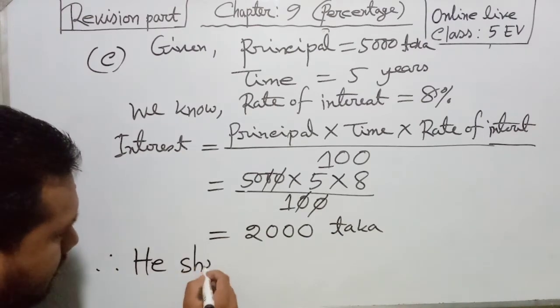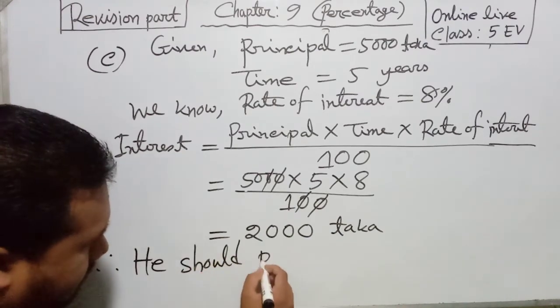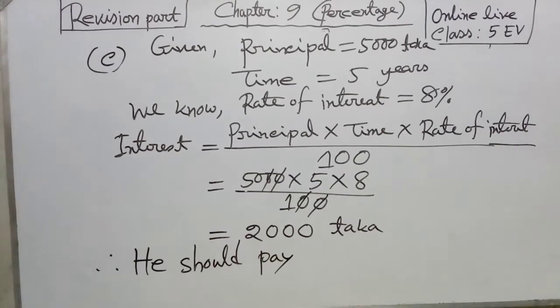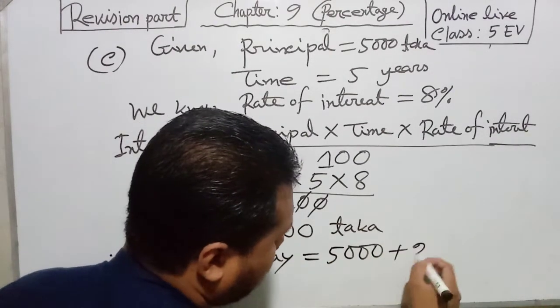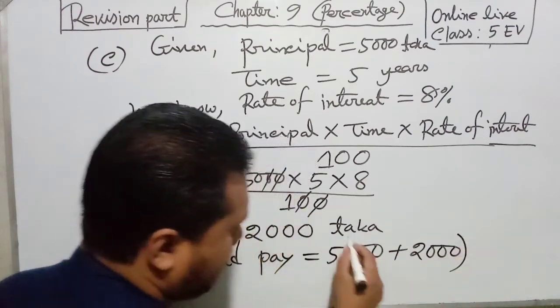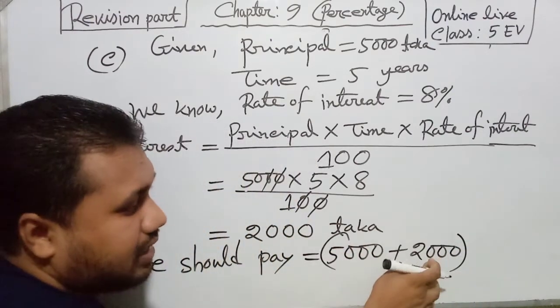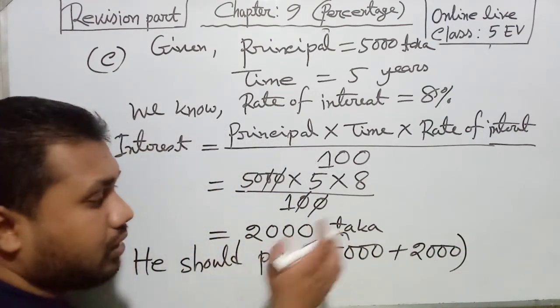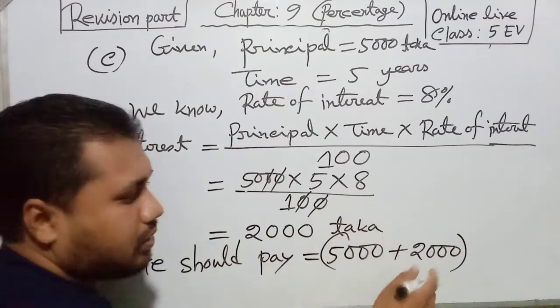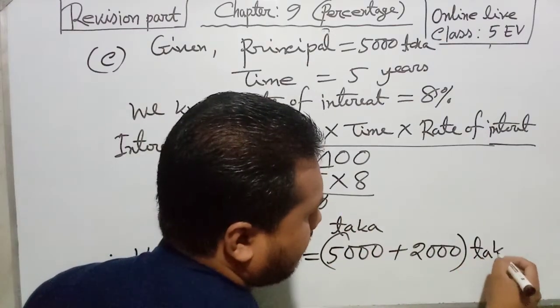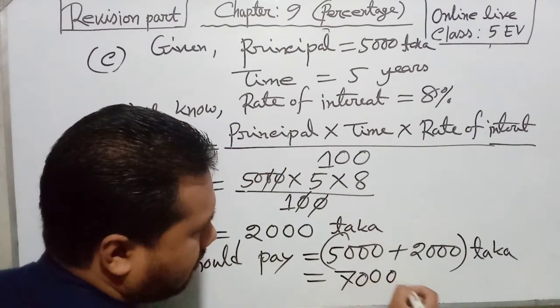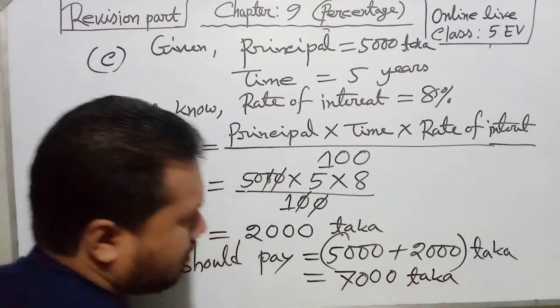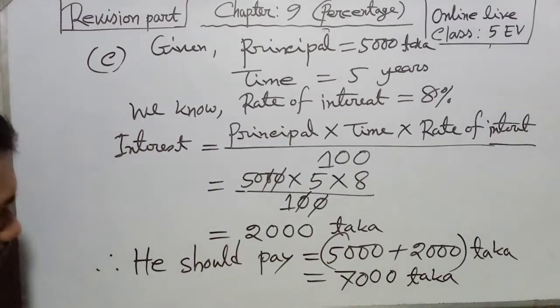So he should pay 5000 and also 2000. This is the borrowed money and this is the interest, so he should pay the borrowed money and also the interest. So the total will be 5000 plus 2000, 7000 taka. So we can say he should pay 7000 taka.